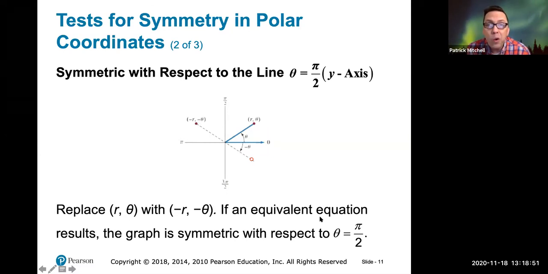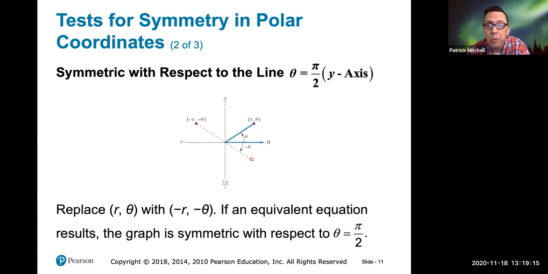Now, a word of warning. When you do the test for symmetry in rectangular coordinates, these statements go both ways. So if you make the replacement and you do get an equivalent equation, that means it is symmetric. And if you make the replacement and don't get an equivalent equation, that means it's definitely not symmetric.